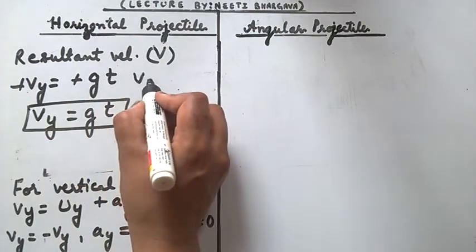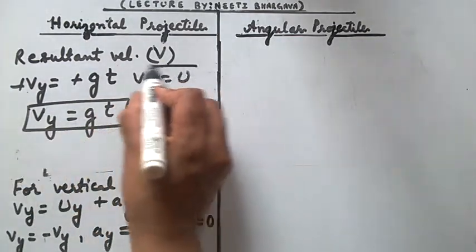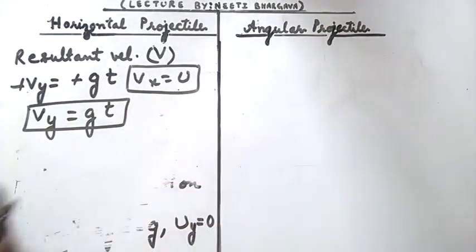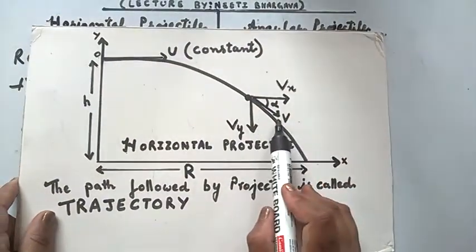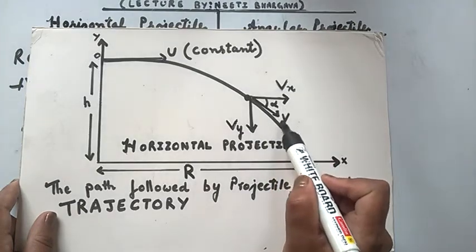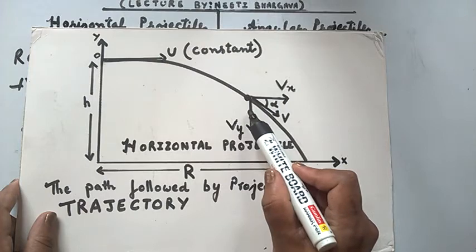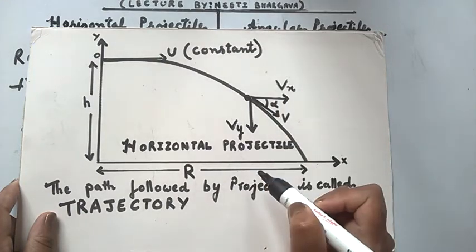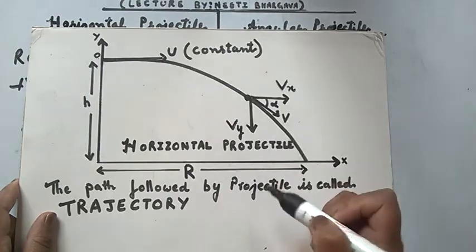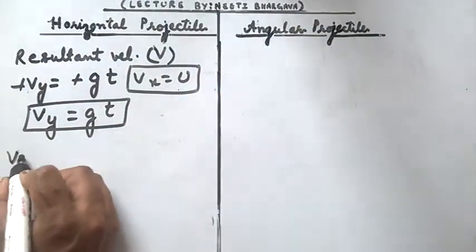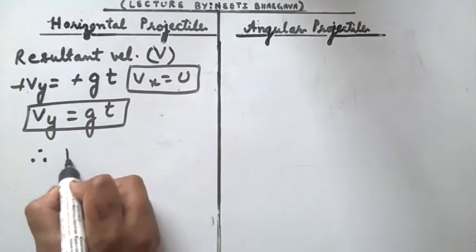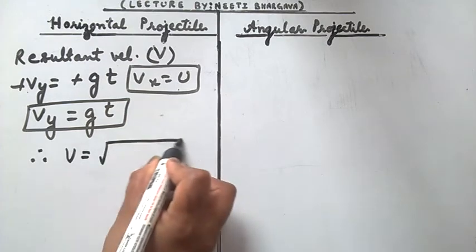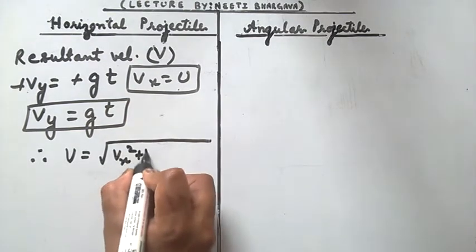Therefore, we can find its resultant velocity, and by this diagram we can see that this is a parallelogram formed and both the components are at 90 degree to each other. Therefore, by parallelogram law of vector addition, we can find the magnitude of this resultant velocity, which is V equal to root of Vx square plus Vy square plus 2 Vx Vy cos 90 degree.